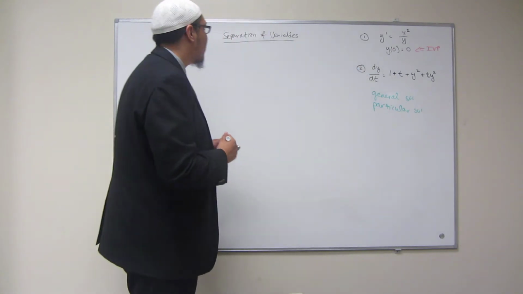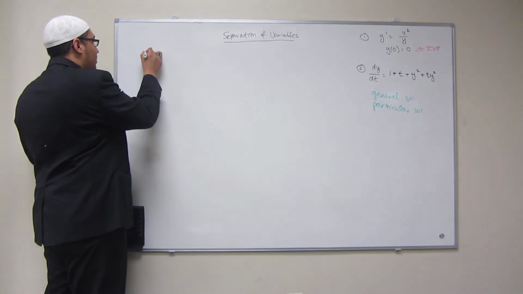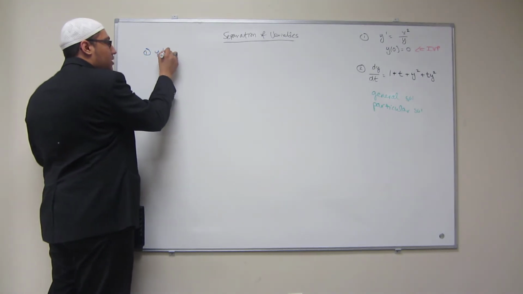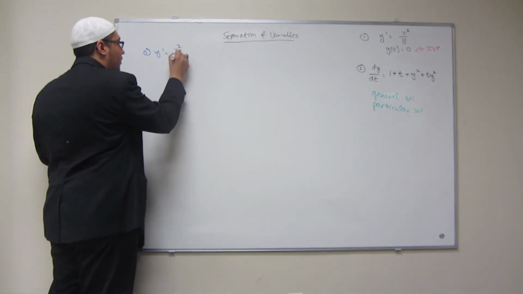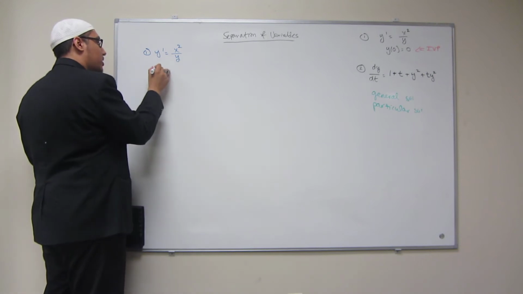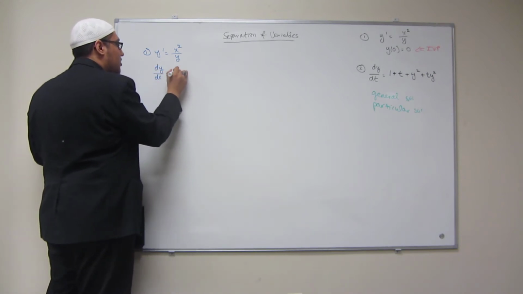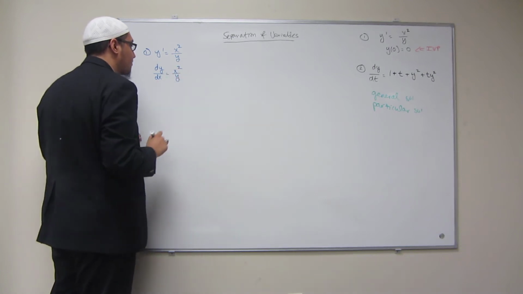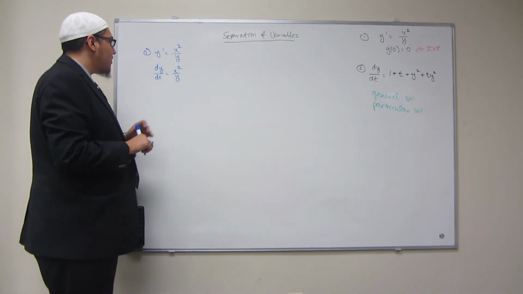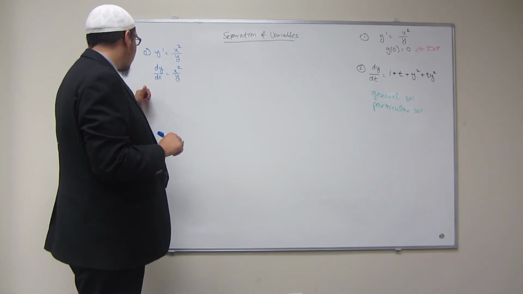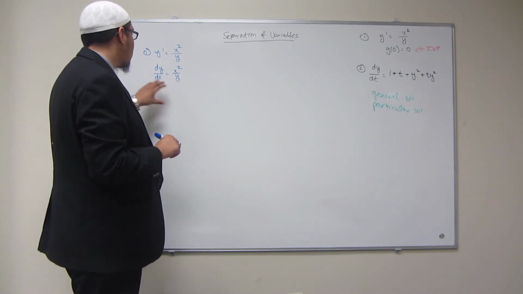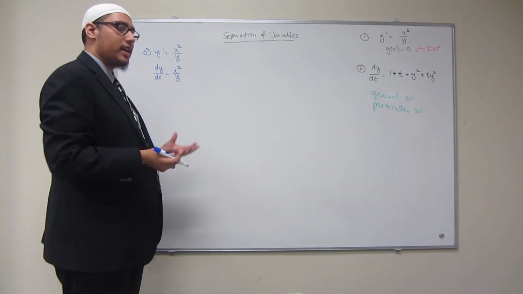Let's rewrite it. Number one says y prime is equal to x squared divided by y. We can rewrite this as dy/dx is equal to x squared divided by y. The idea of separation of variables is to move the y's with the dy term and the x's with the dx term.